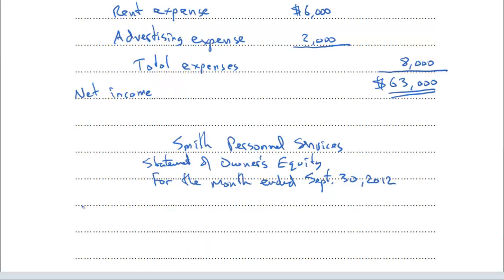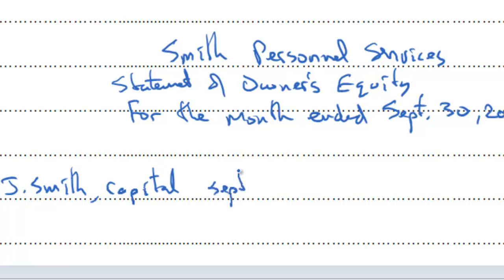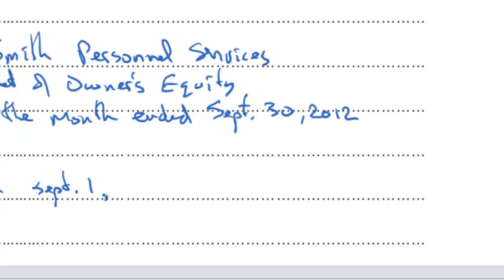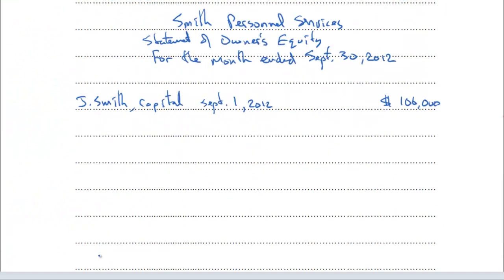Okay, and so now we begin with the opening balance, or the beginning balance of J. Smith, capital. And this is as of September 1st, 2012. And the beginning balance in the capital account was $106,000. And to that figure, we're going to add anything that increased that, right?